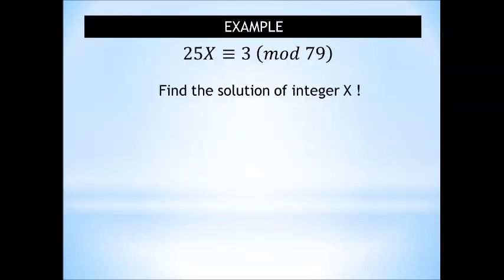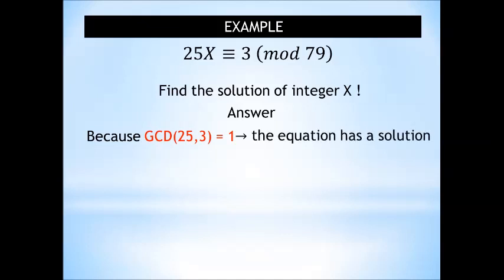Here, we must find the solution of the integer x given 25x ≡ 3 mod 79. Answer: because the GCD of 25 and 3 is 1, by the first theorem, the equation has a solution.